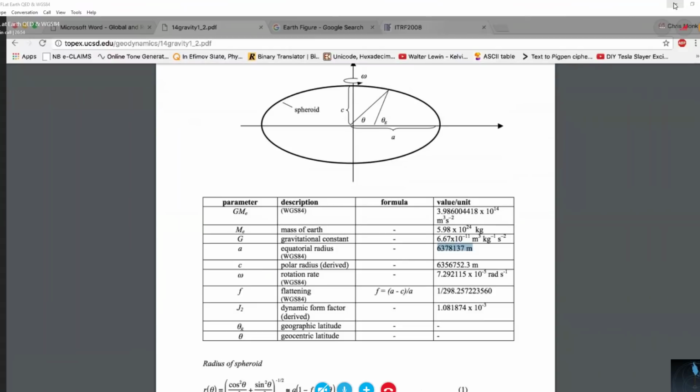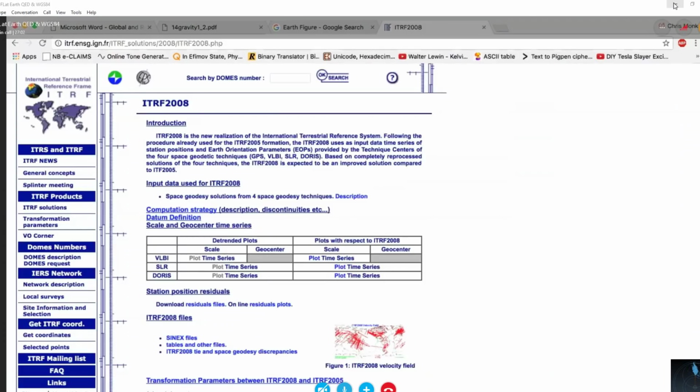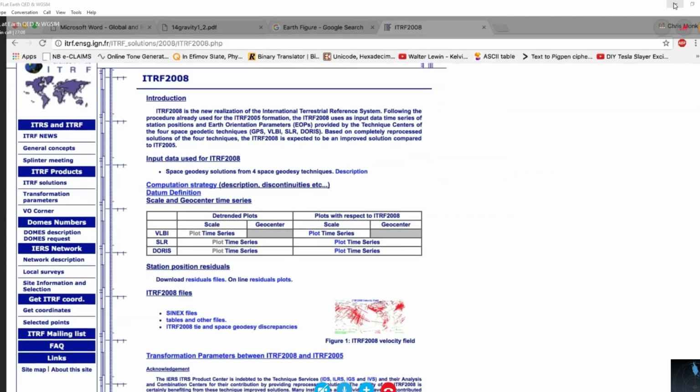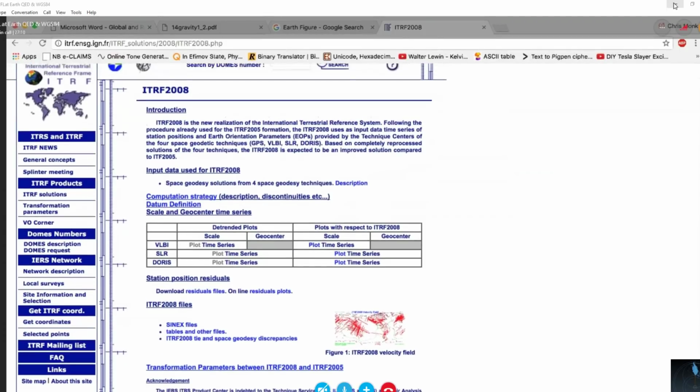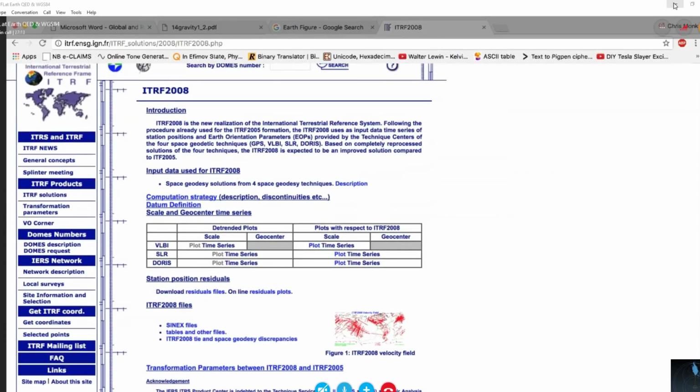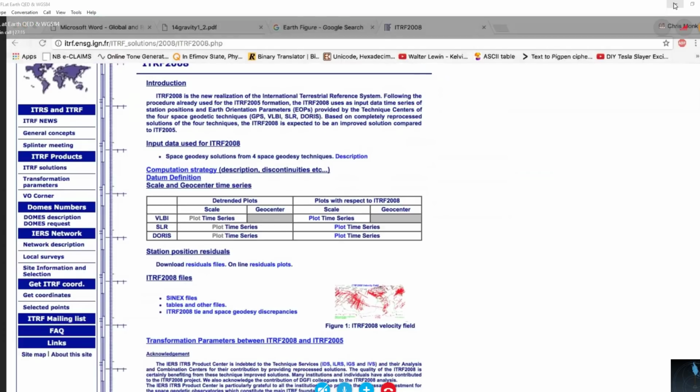And this one here, I think, references ITRF 2008, which is the International Terrestrial Reference Frame, essentially. ITRF reference frame. And you see that this one refers back to WGS 84 standards again. And you end up with this.